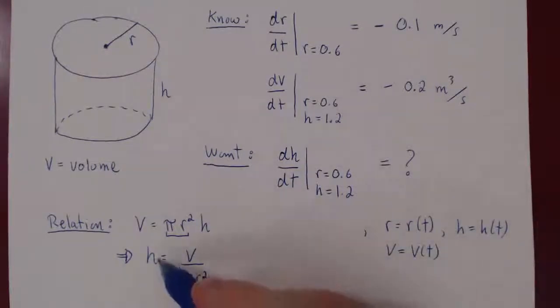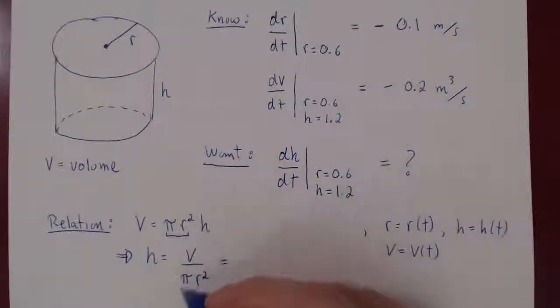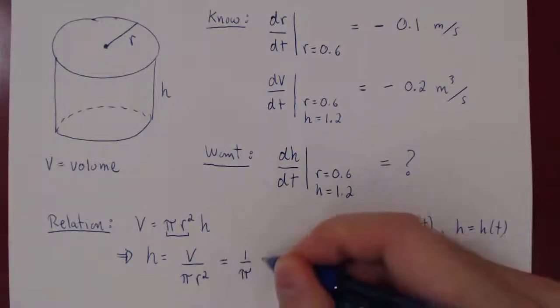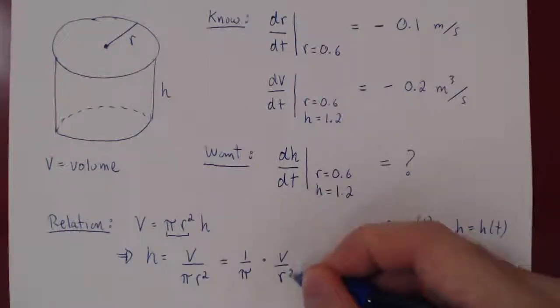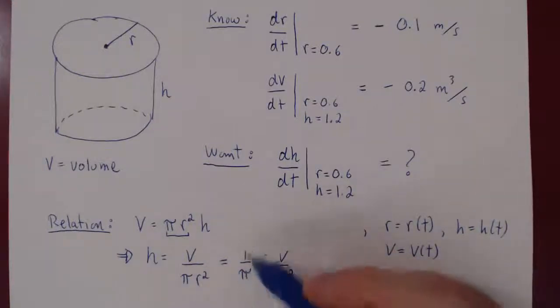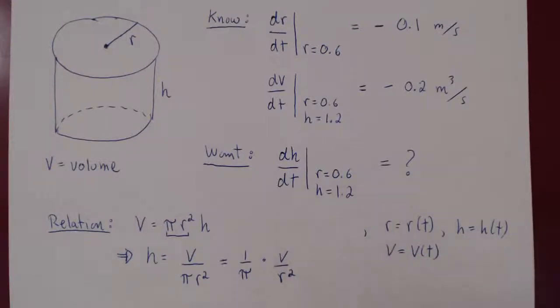And now here, I could differentiate this as is, but I'll simplify a little bit, because the over pi is a constant multiple. So you can factor this as 1 over pi times the volume over r squared. So when you differentiate this, you'll just leave the 1 over pi up front, as it is a constant multiple of the function of t.